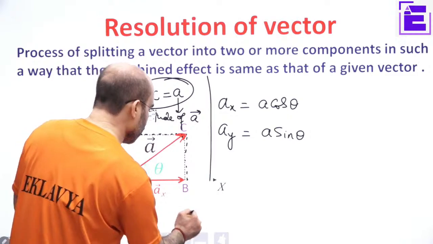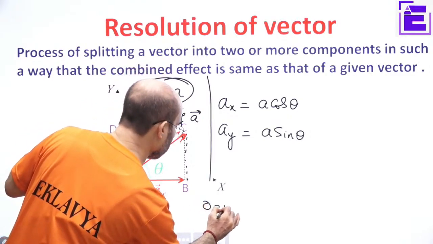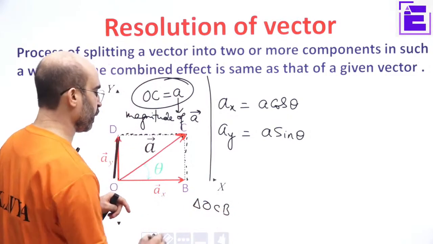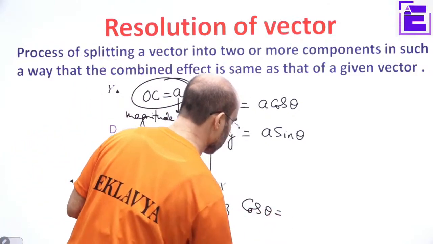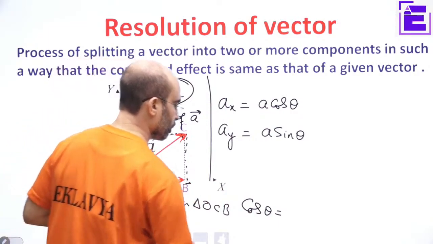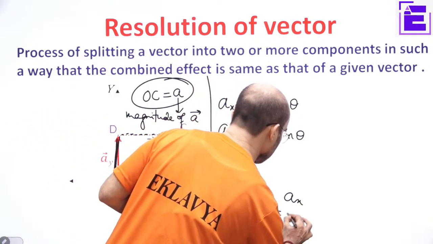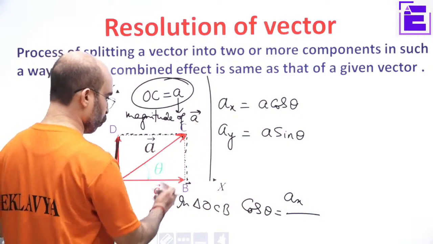Now, if you look here, in triangle OCB, cos theta equals base, which is Ax, by hypotenuse, which is OC.